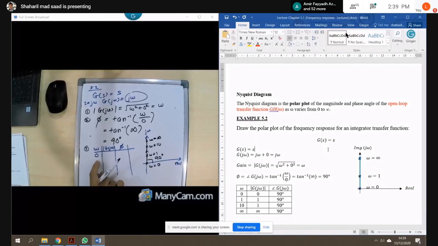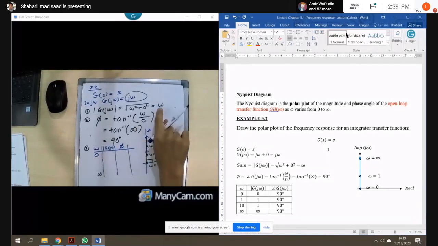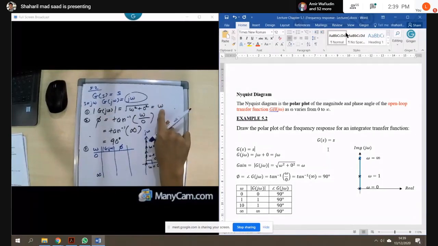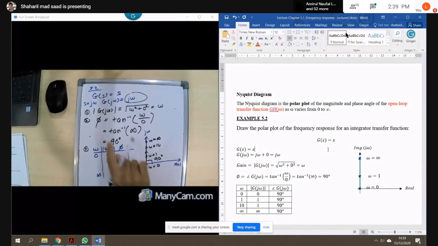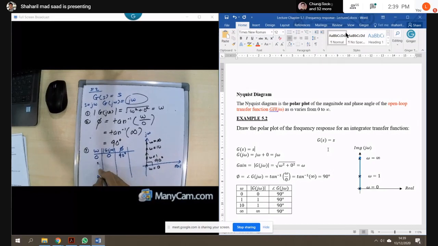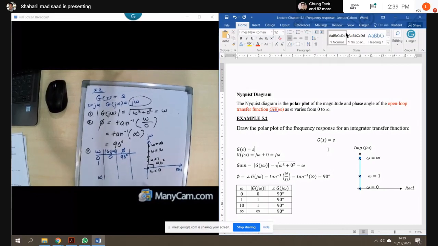For omega equal to 0, the gain will equal 0, but the phase shift will maintain at 90 degrees. For omega equal to 1, the gain is 1, and the phase shift also maintains 90 degrees.